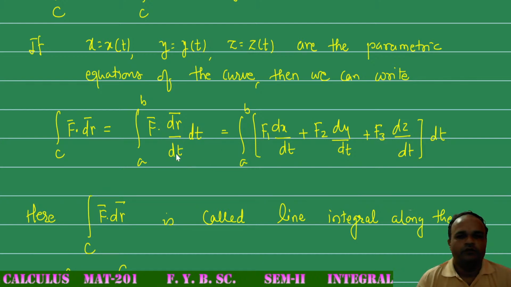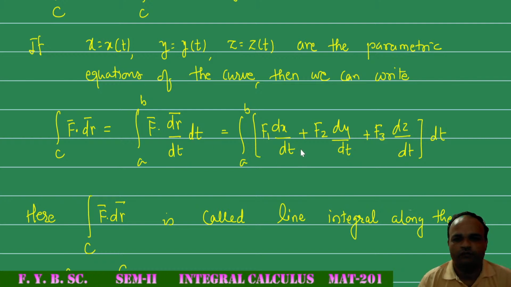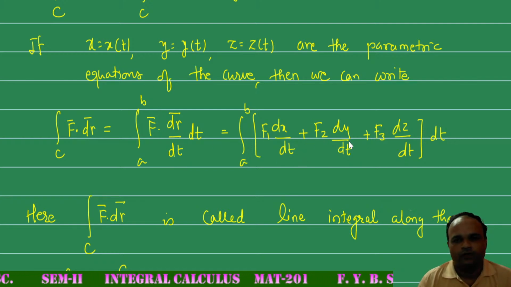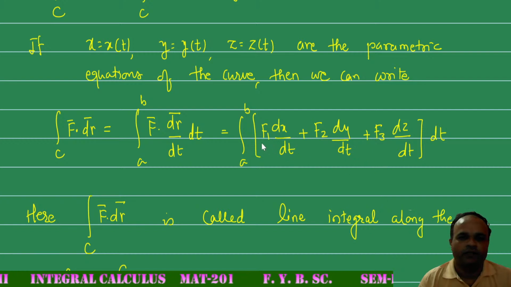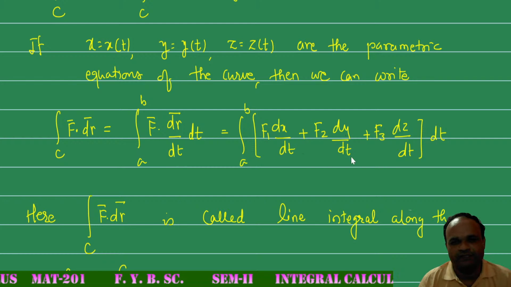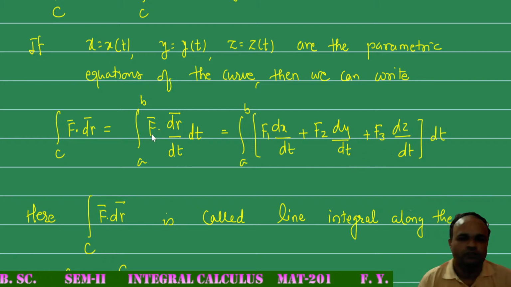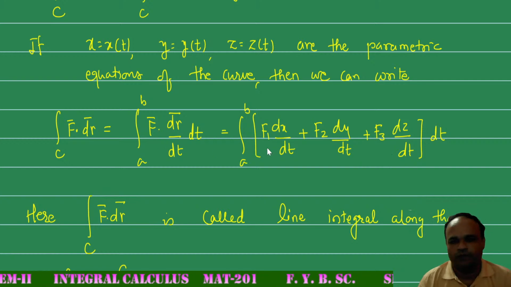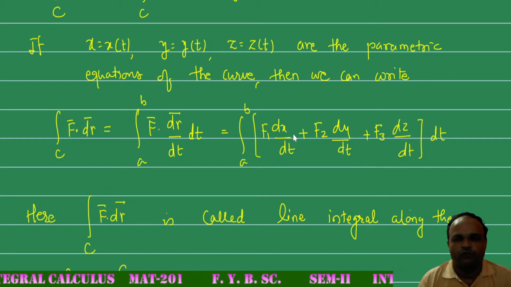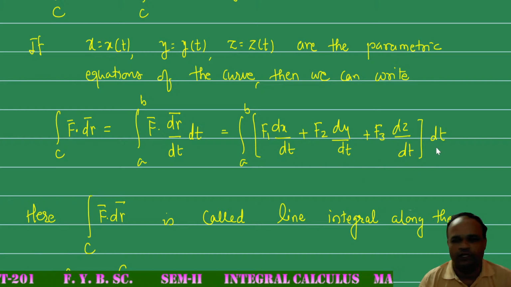And here, what is dr bar by dt? Dr bar by dt will be equal to dx by dt i bar plus dy by dt j bar plus dz by dt k bar. So its dot product with f bar will be the integration from a to b of f1 dx by dt plus f2 dy by dt plus f3 dz by dt.